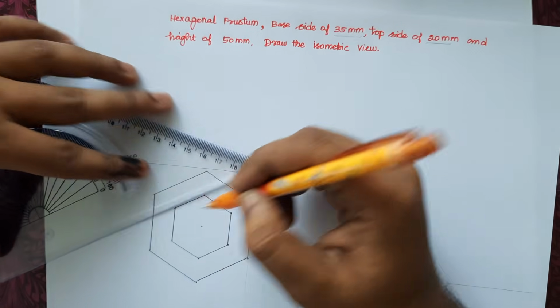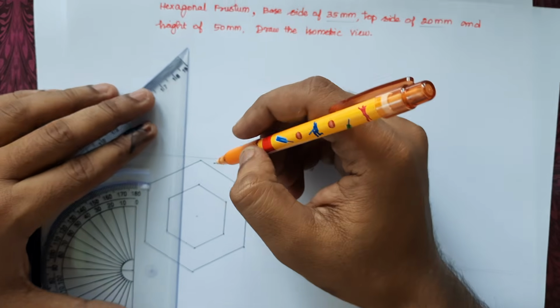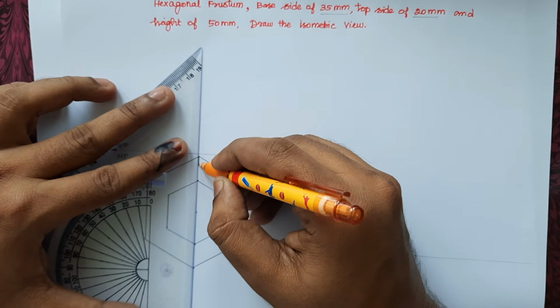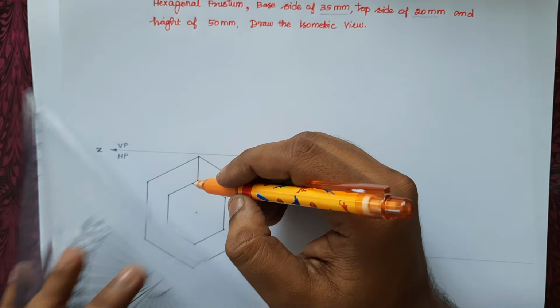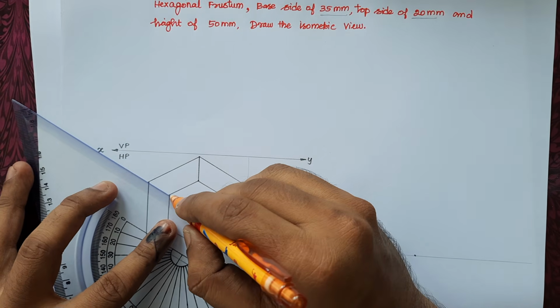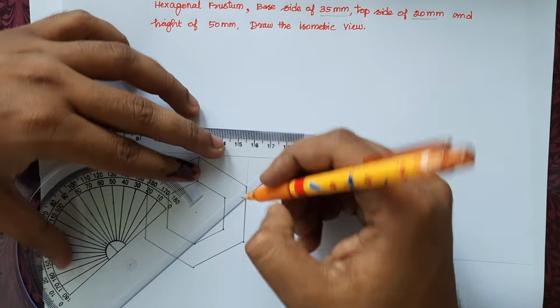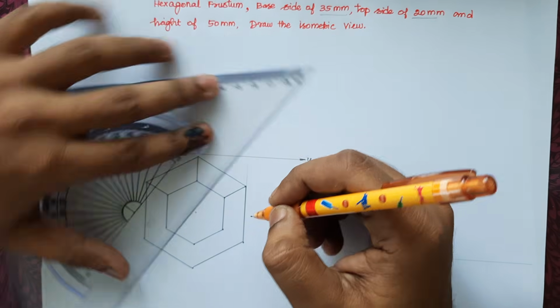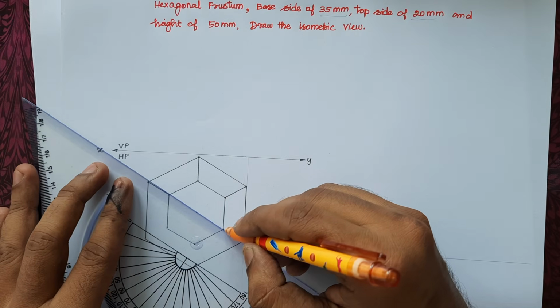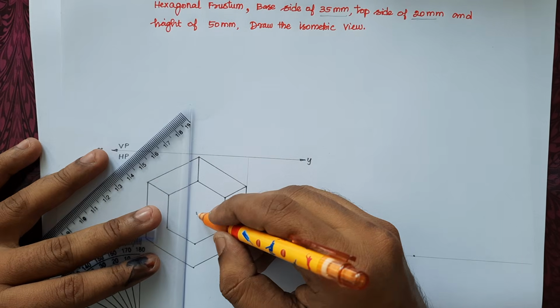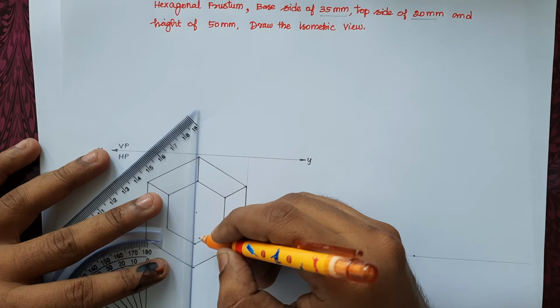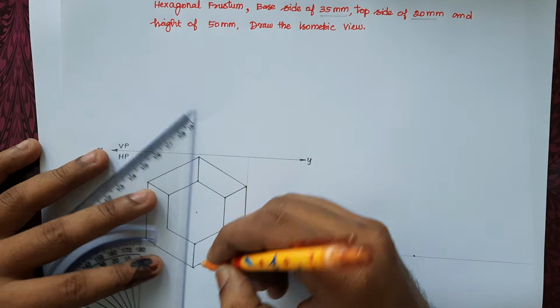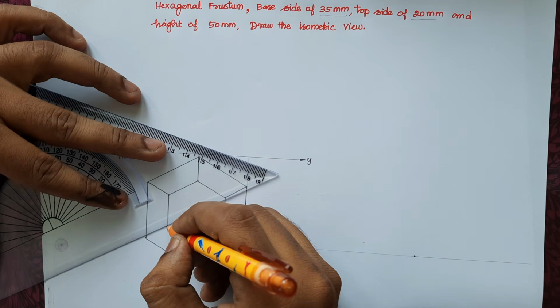Okay, and then I connect the slanting edges. Let me connect the slanting edges of the hexagon. And this is the apex point. Actually the top portion of the hexagonal pyramid is removed, so the remaining portion is known as the frustum.